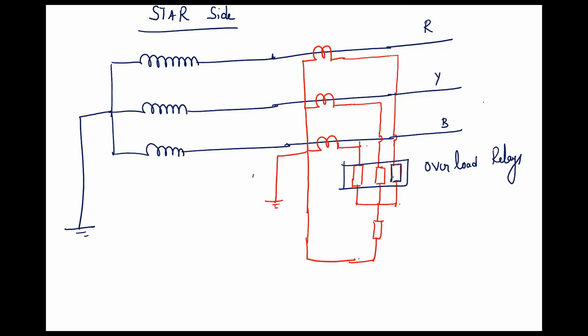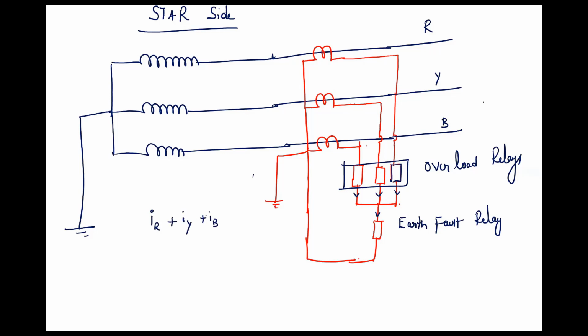So three phases are connected to three overload relays, and the sum of all these three currents is fed to the earth fault relay. Understand? We know that earth fault relay will only operate on zero sequence currents. So this current is IR plus IY plus IB, on the secondary side.